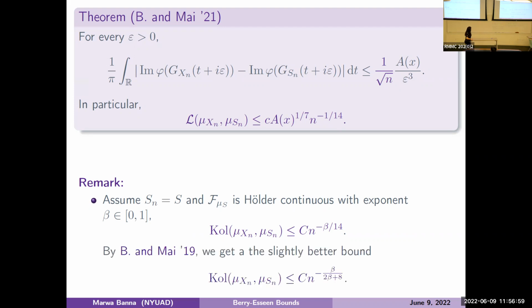However, if we use an earlier result in 2019 of myself and Tobias Mai, we can obtain a slightly better bound once we have Holder continuity than this one. But the advantage of this bound here is that it always holds without any assumption on the distribution of the operator valued semicircular element. So it can also have atoms. And we still have this bound on the Levy distance. However, when we know a little bit more, we can obtain slightly better bounds.